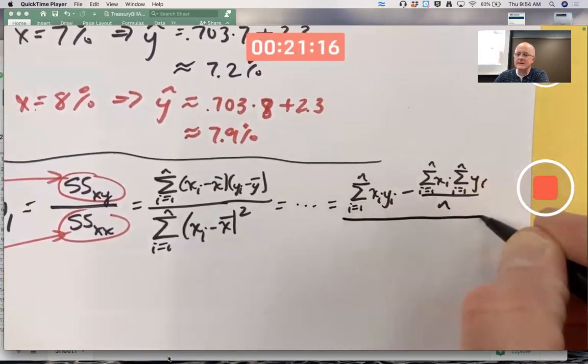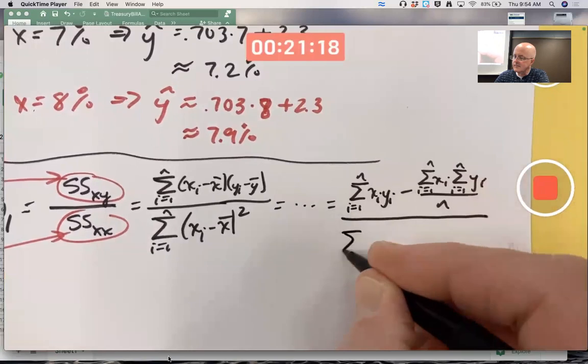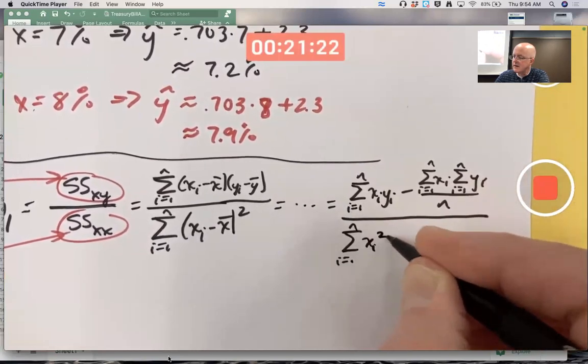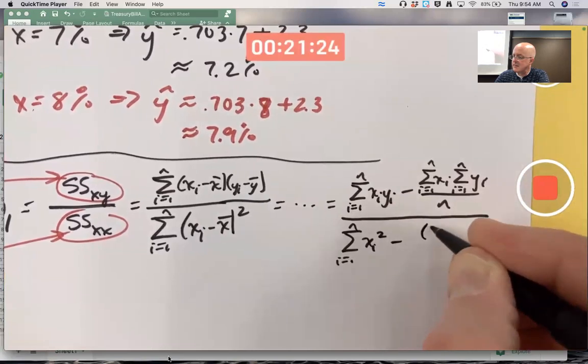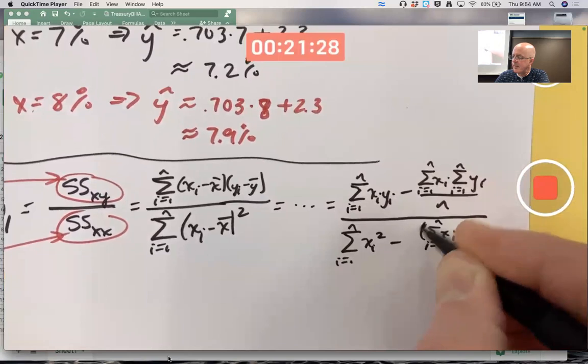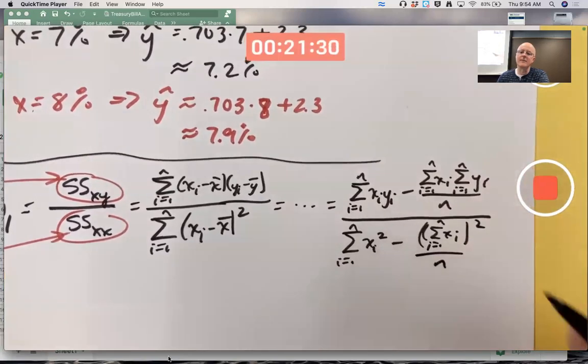And the denominator ends up equaling the sum of xi squared minus the sum of xi quantity squared over n.